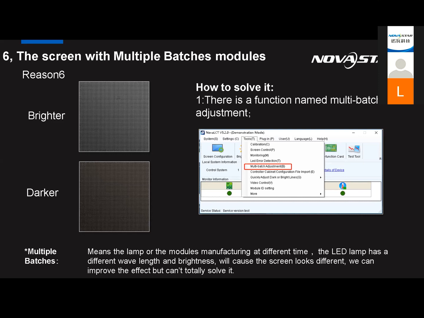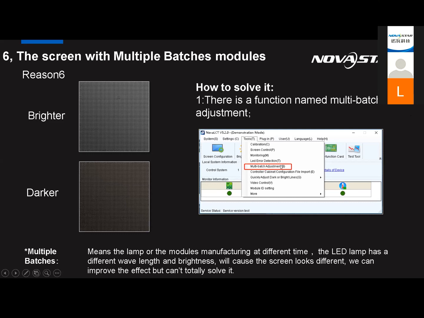So if you have different batches, what you can do is try this tool first to see how much it works. And for how to use it, there is a user manual in the NovaLCT software. In Help, if you click Help, a user manual will pop up. You can check how to use this function.